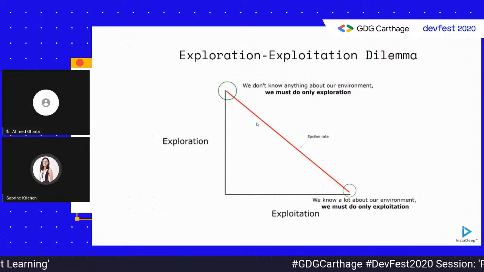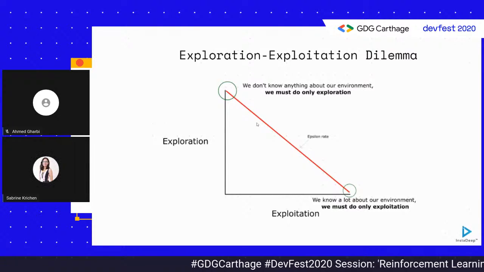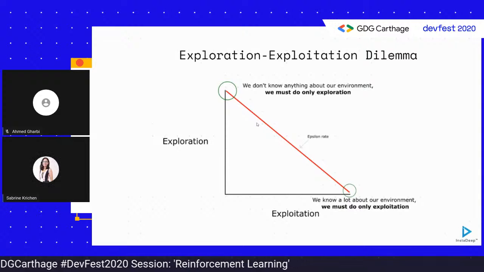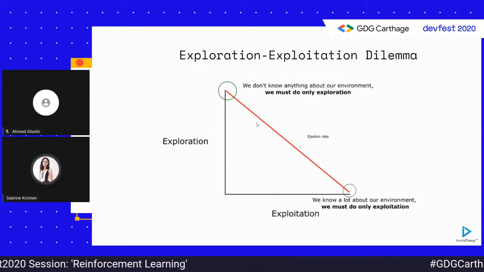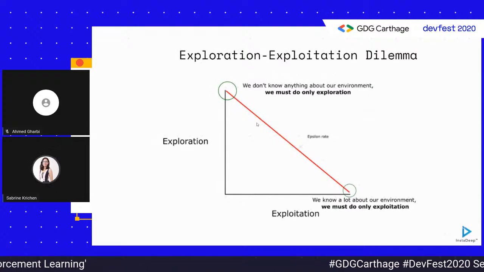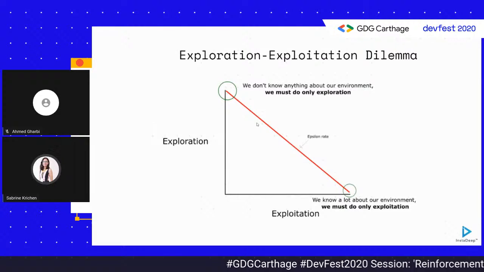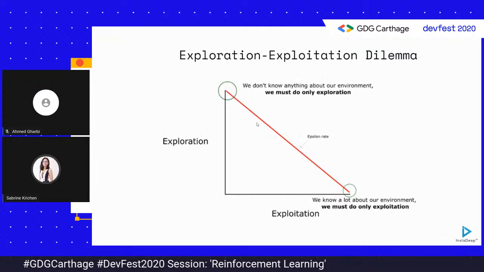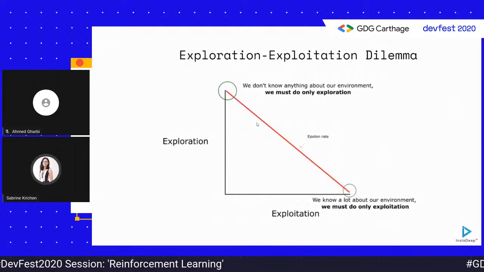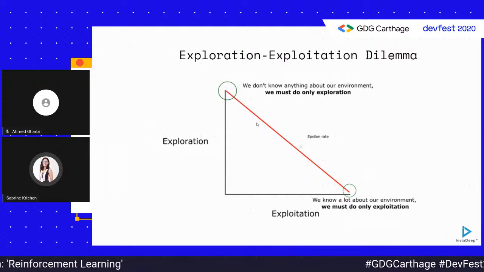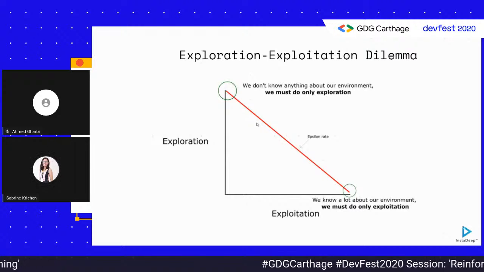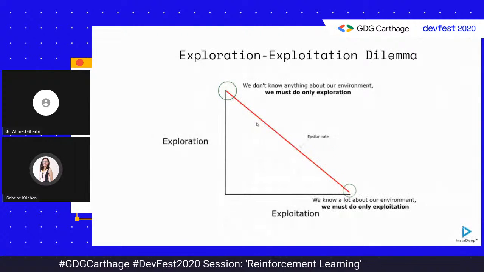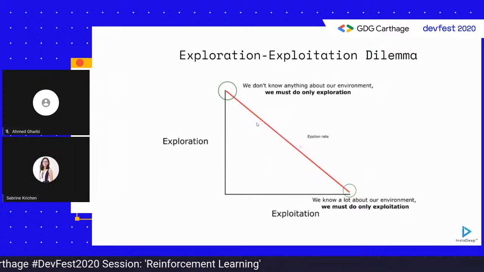But then he will be more comfortable about the values in the Q-table, and he will not really need to do a lot of exploration, but he will know a lot about his environment, and at the end of the training, the agent really must do only exploitation.